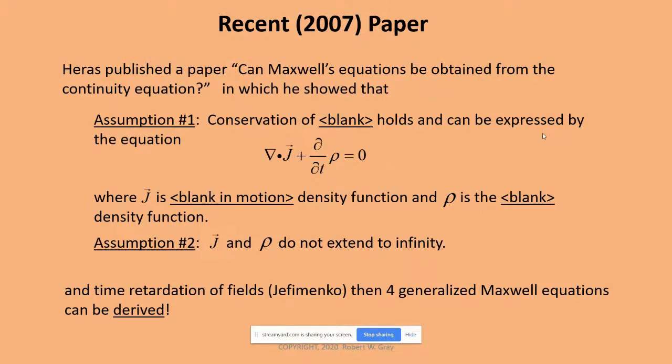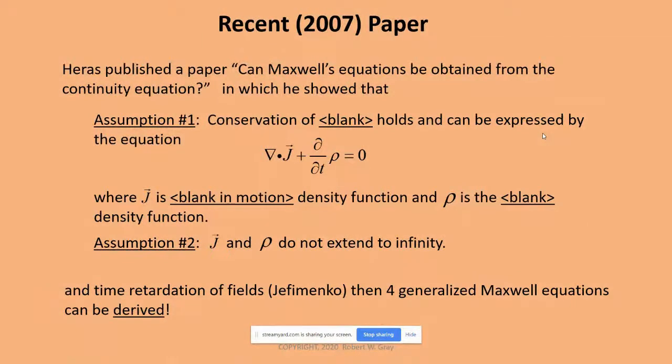If conservation of blank holds and can be expressed with the equation the divergence of J plus the time derivative of rho is equal to 0, which in electrodynamics is the continuity equation, where J is blank in motion, whatever your blank is, density function, and rho is the blank density function. And with assumption 2, J and rho, whatever those are, do not extend to infinity.